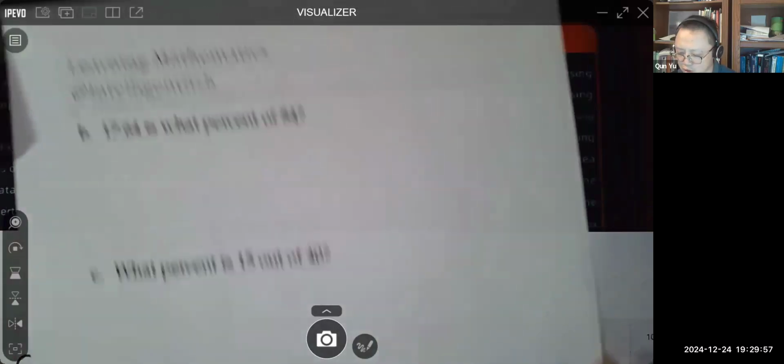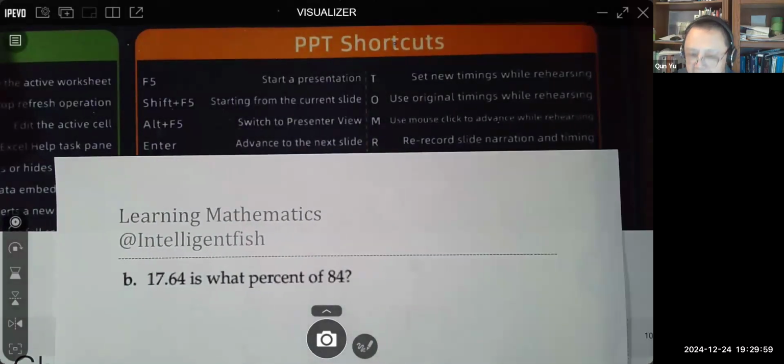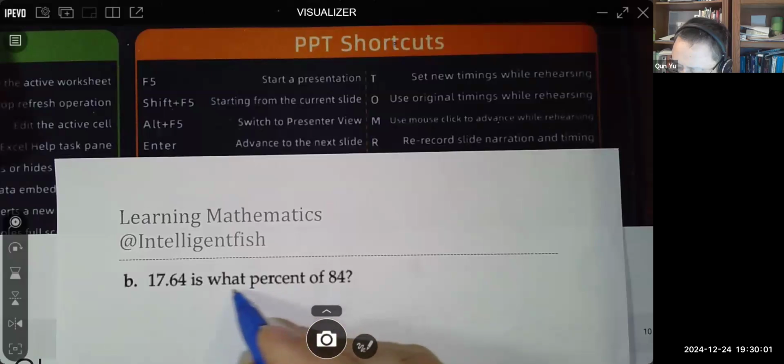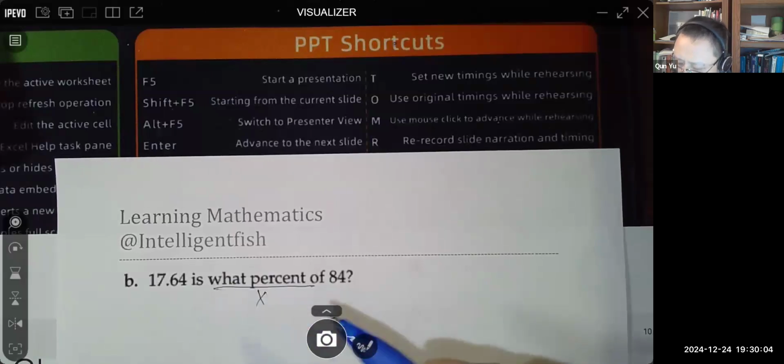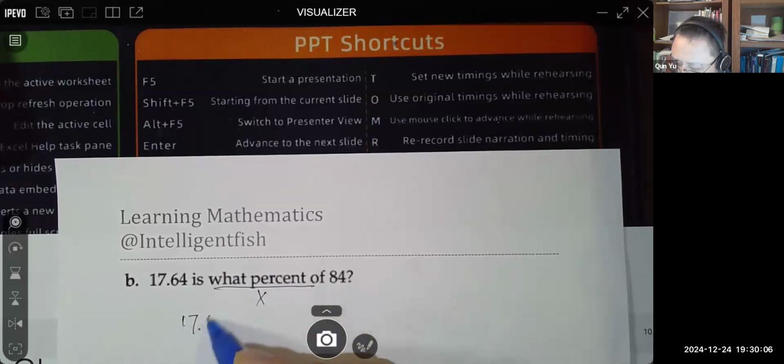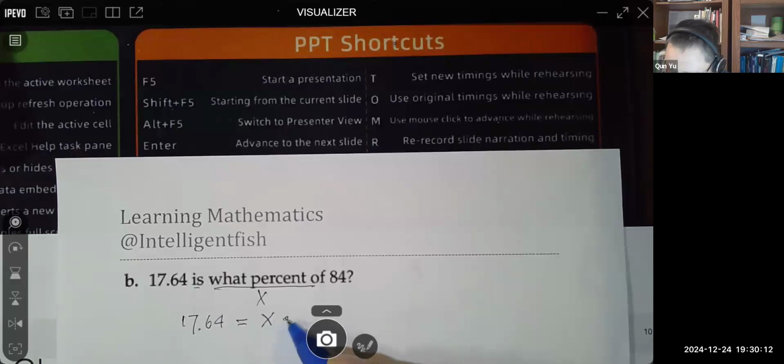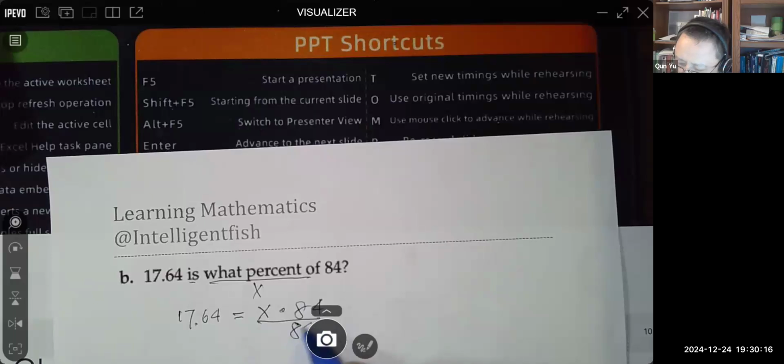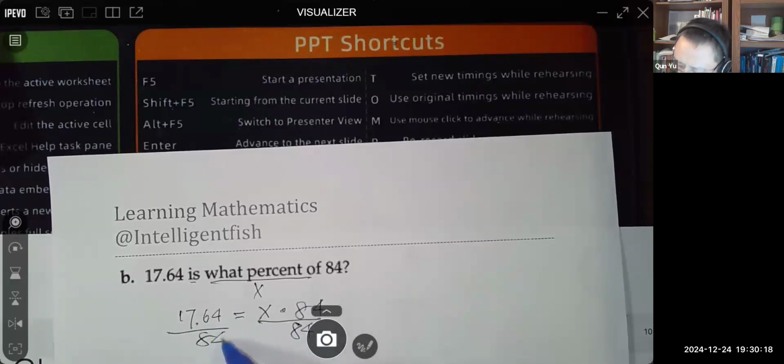Now we just have 2 more here. And what percent? X percent. 17.64 is what percent? X percent of means multiply, 84. So we divide by 84 in this case. Cancelled.